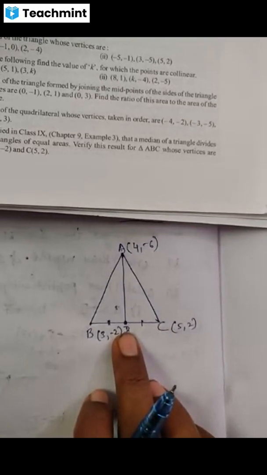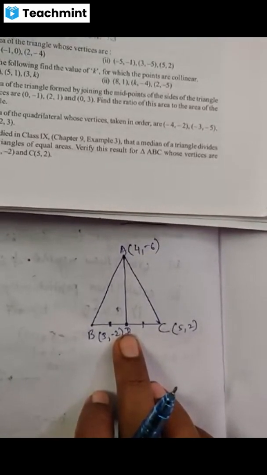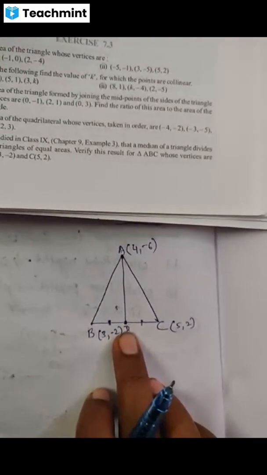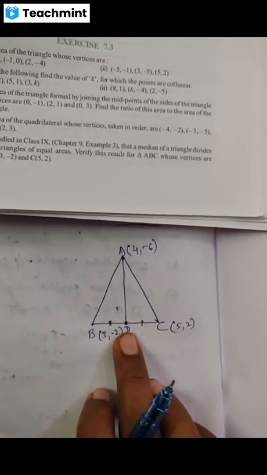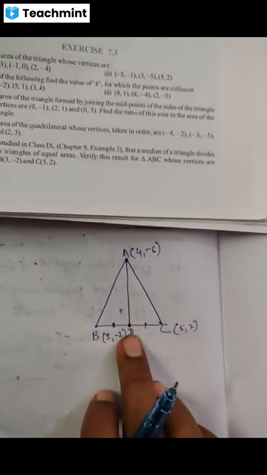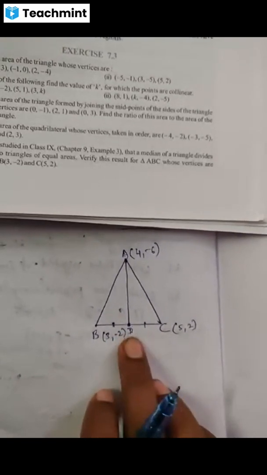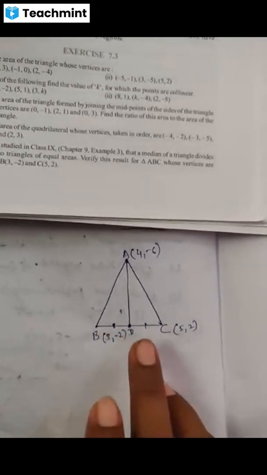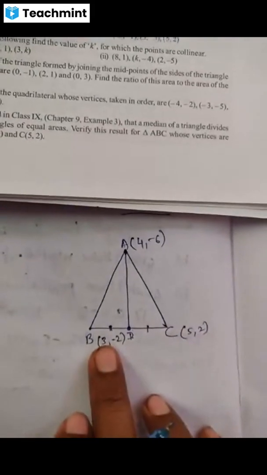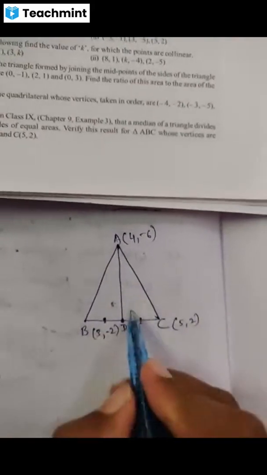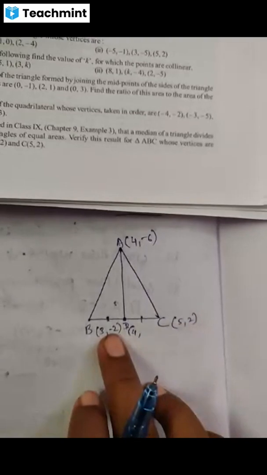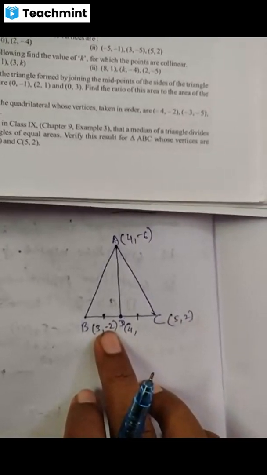Section formula. You can use the section formula, but that is very lengthy. You can directly use the midpoint formula: (x2 plus x1) by 2, (y2 plus y1) by 2. By that you can easily find the coordinates of D. That is 5 plus 3, 8 by 2, which is 4. Next, 2 minus 2 is 0, by 2 is 0.